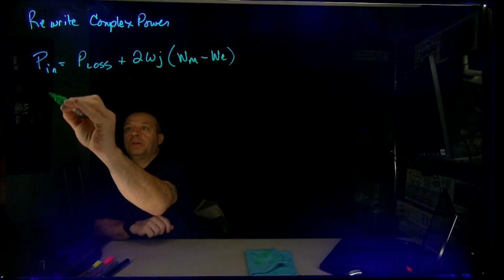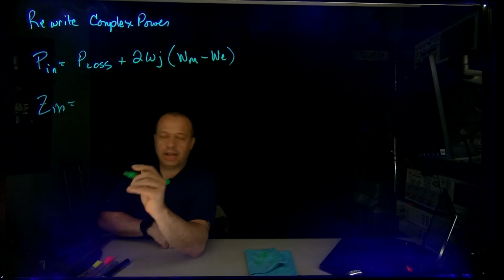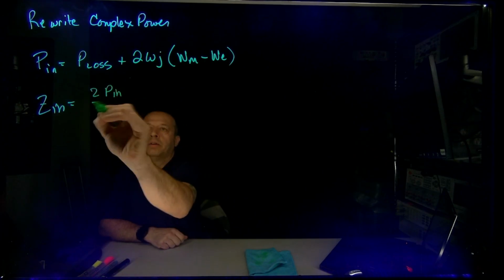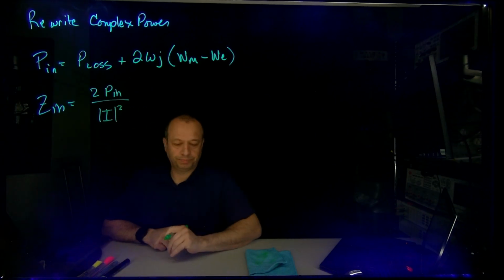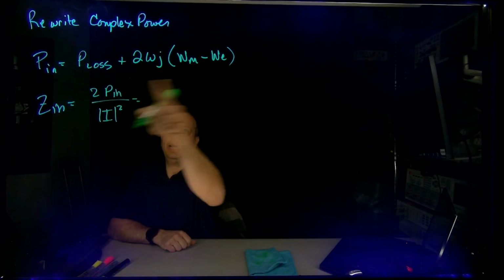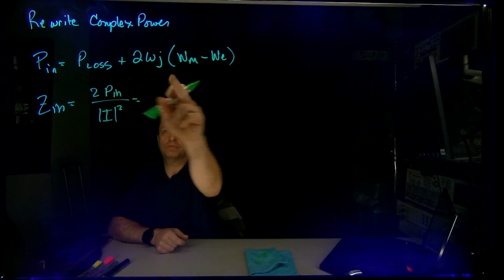Therefore, the input impedance, Zin, is now rewritten as 2Pn over I squared.